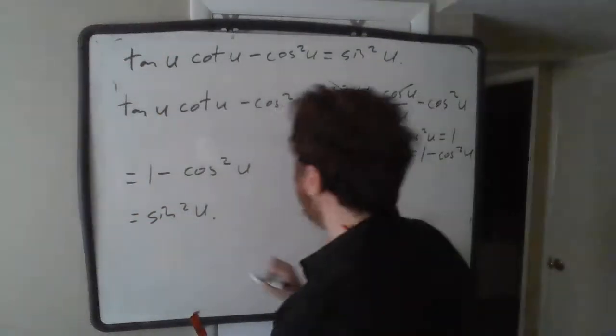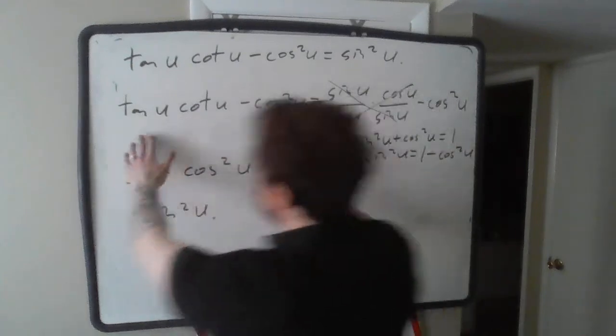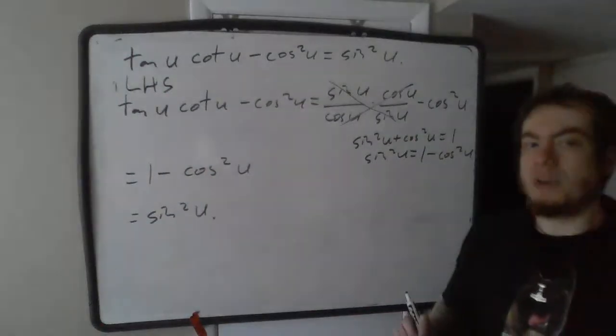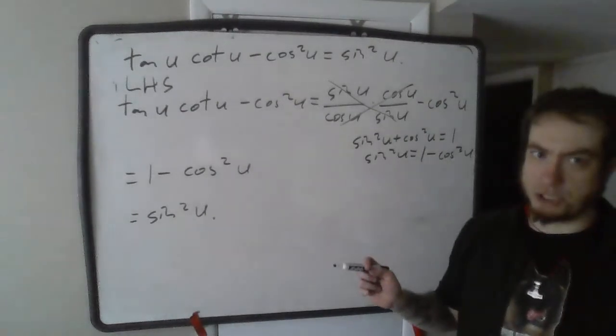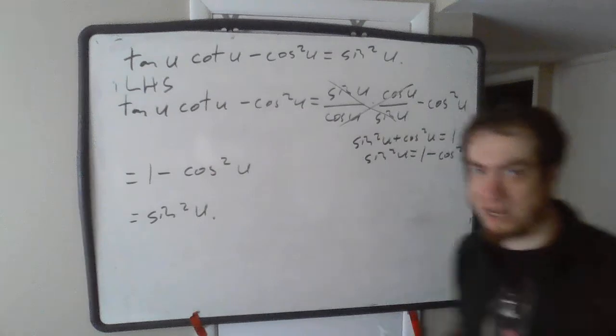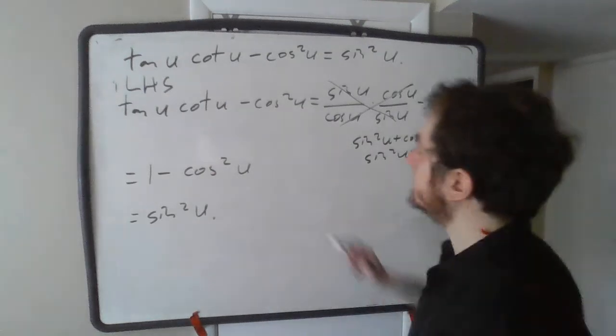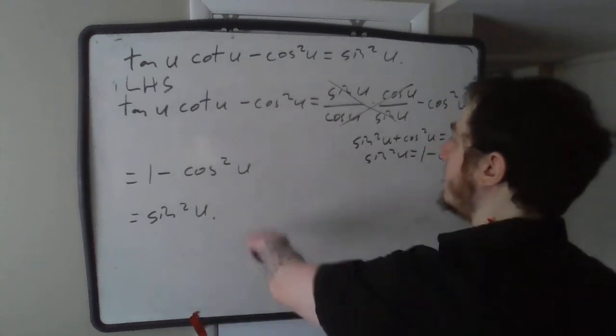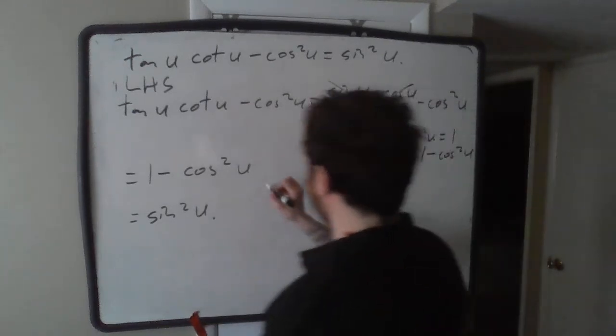But now, I started with the left-hand side. I neglected to write that down, which wasn't the best. You don't have to write down which side you're doing, but it is helpful to say, okay, we're going to work with the left-hand side here and see what we get. And we ended up simplifying the left-hand side until we got down to the right-hand side.